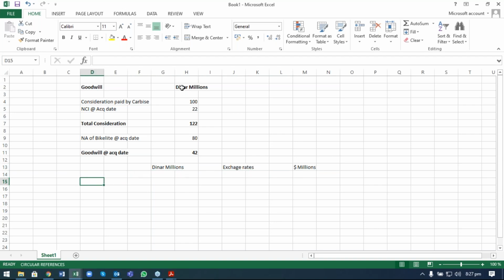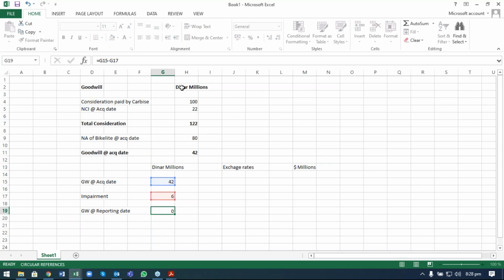What is the goodwill at acquisition date? It's 42 million, and there is some impairment, which should be charged as 6 million. We have acquisition date and reporting date. Goodwill at reporting date would be this 42 million minus the 6 million.